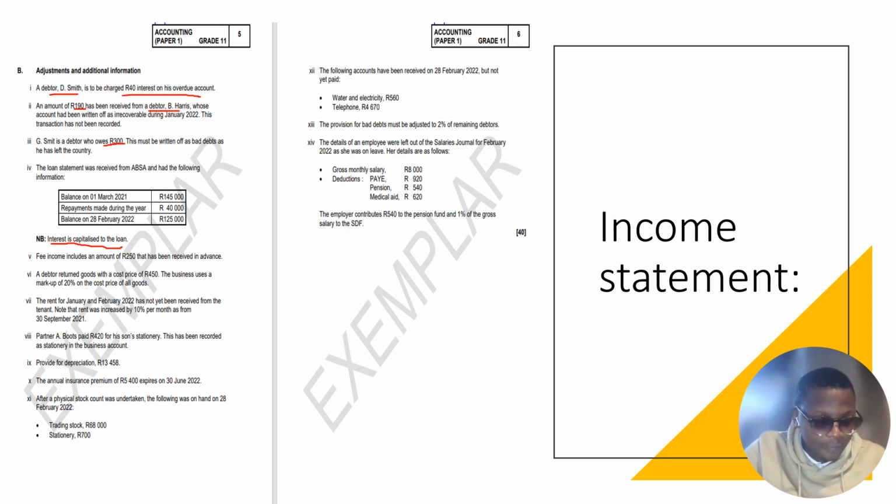So we compare 105 and 125, you get 20,000. That will be your interest expense. Or else open a T account. When you open a T account, you're going to put the opening balance on your credit side, repayments on your debit side, and the closing balance on your credit side down there, and then it will be a balance carried down on your debit side.